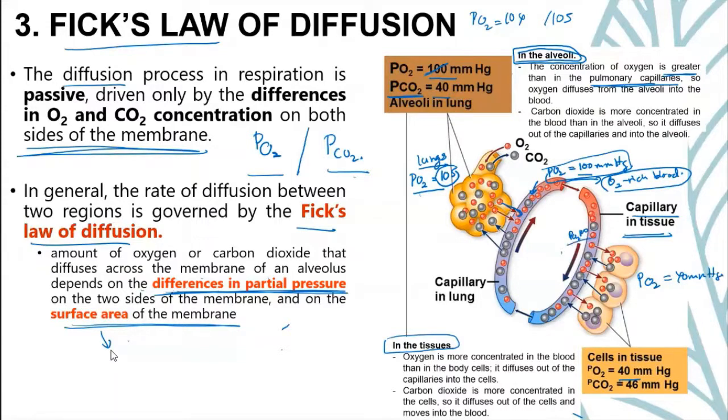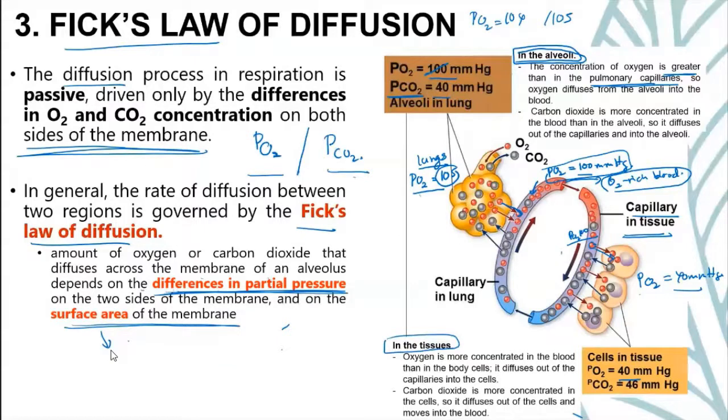So 100 versus 40, obviously 100 is higher than 40. So oxygen from the blood capillaries diffuses out and enters your body cells, the cells of body tissues. That is for oxygen.